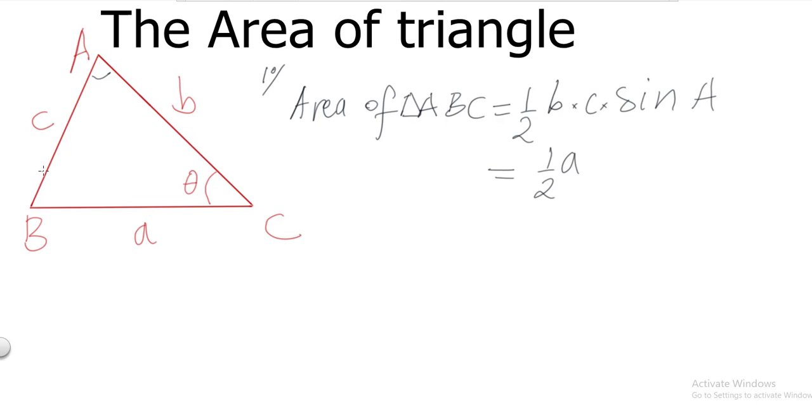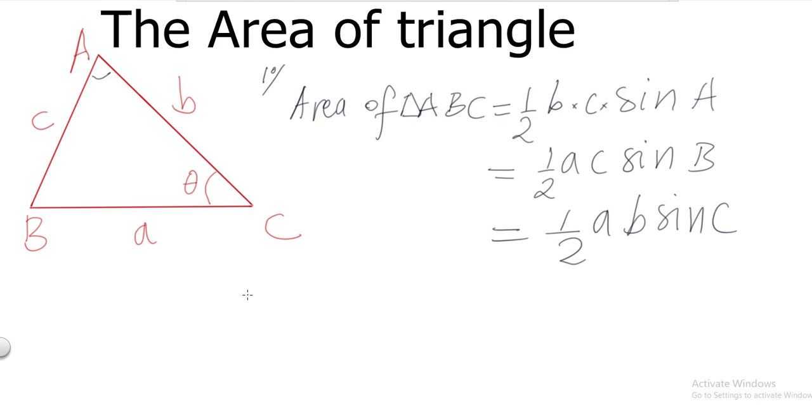AC makes this line, we call it C, and this line we call A. So we say 1/2 AC, and we have sine B. We can also use angle C, where we say 1/2 A multiplied by B, then sine of angle C. Okay, so that is the first case.